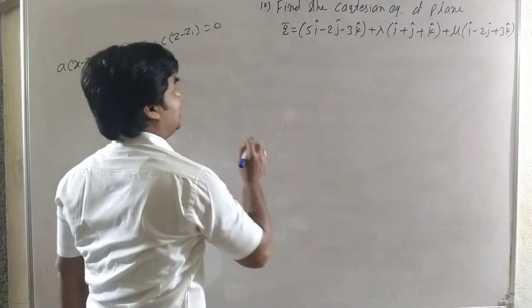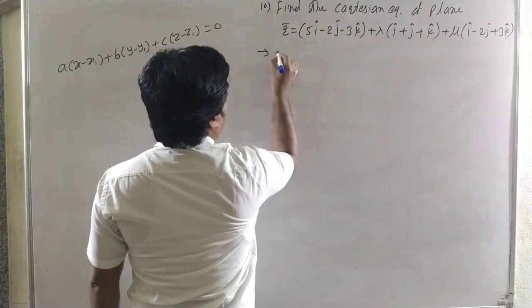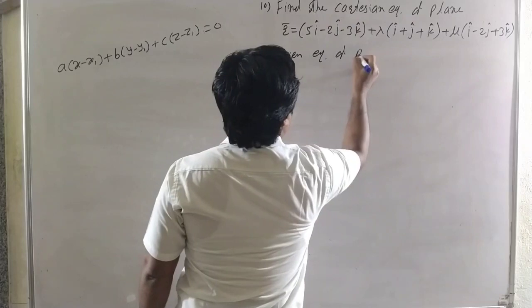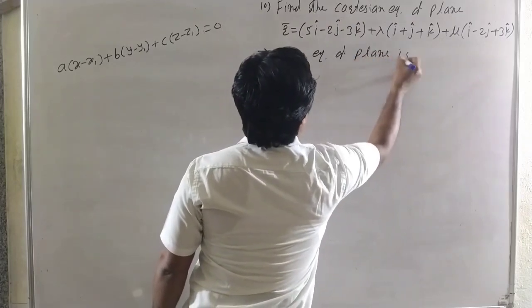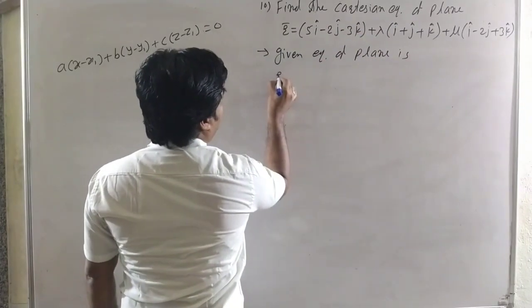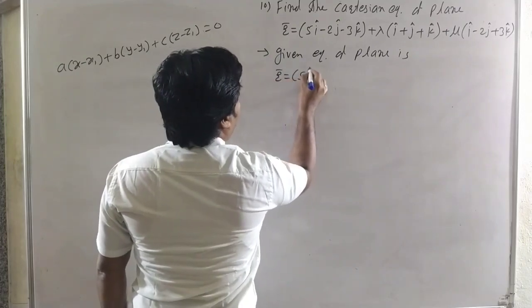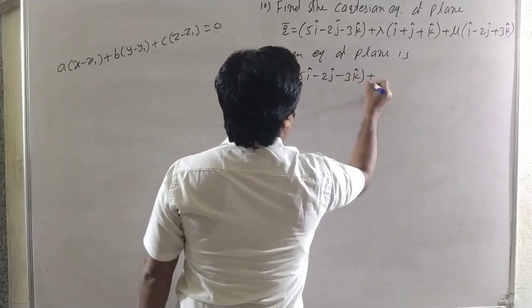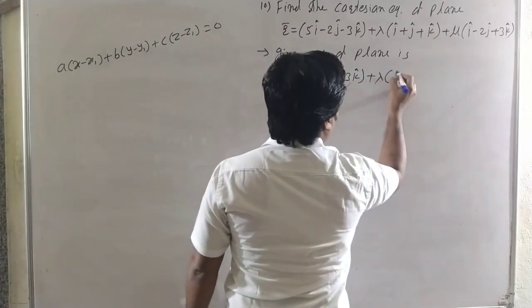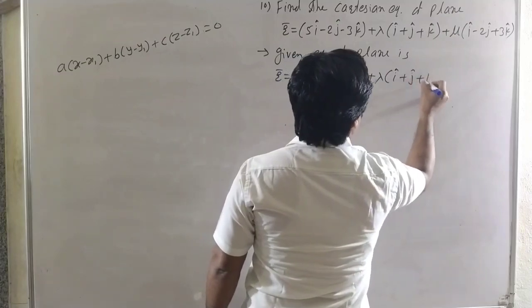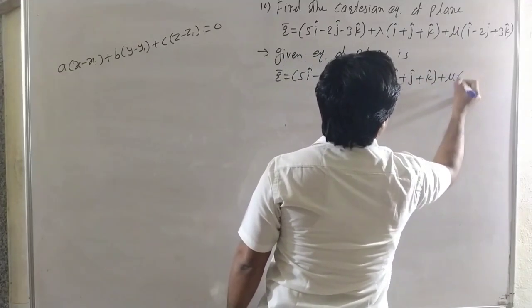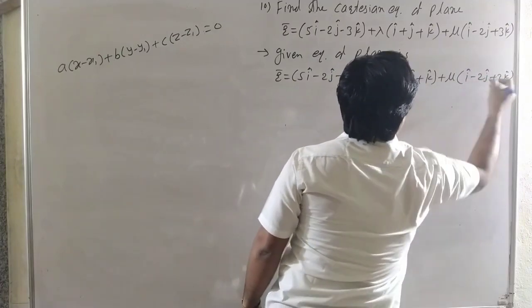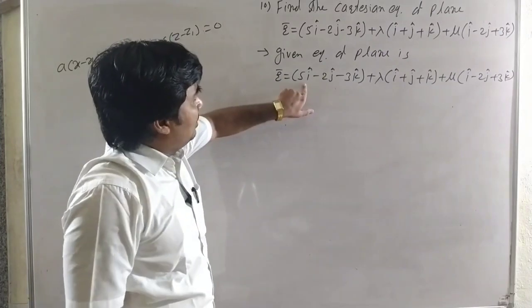Okay, here see, the given equation of the plane is r bar is equal to 5 i cap minus 2 j cap minus 3 k cap plus lambda into i cap plus j cap plus k cap and plus mu into i cap minus 2 j cap plus 3 k cap. Be careful.